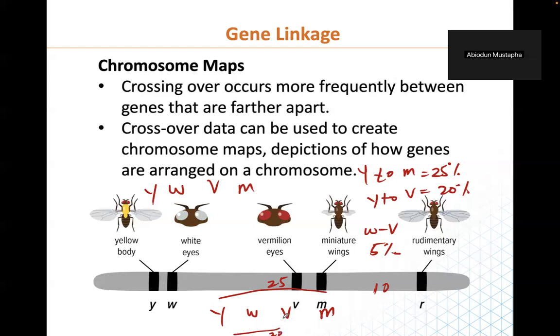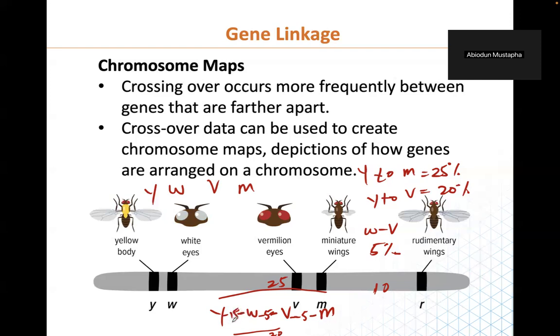So if Y to V is 20, then V to M will be 5. Then if W to V is also 5, so that means 10 out of 25, then Y to W would be 15.